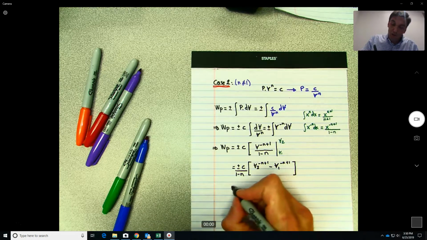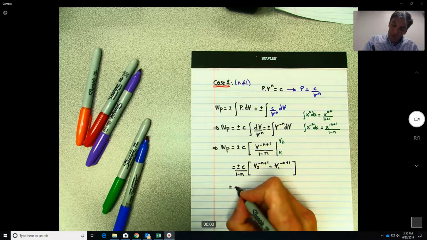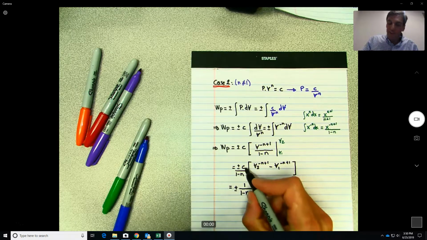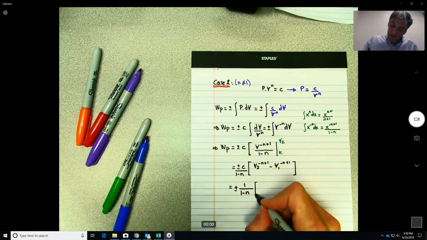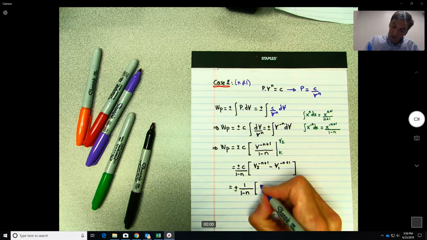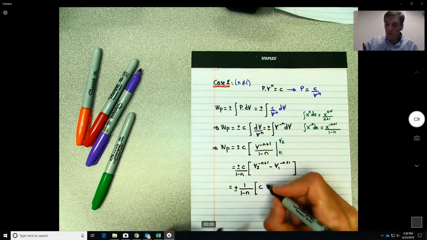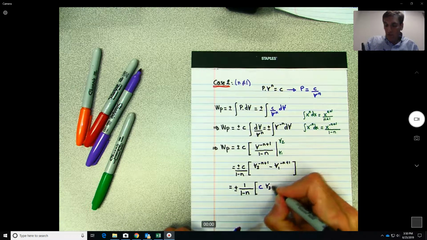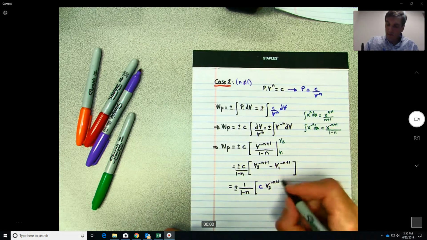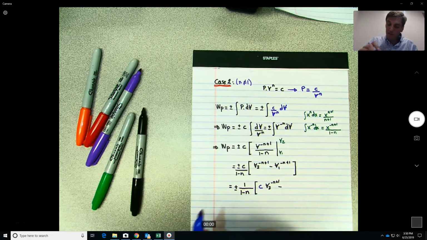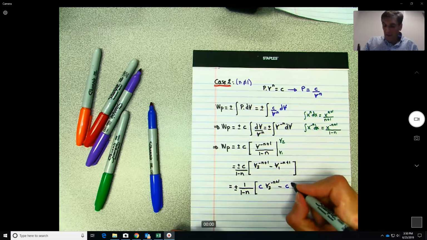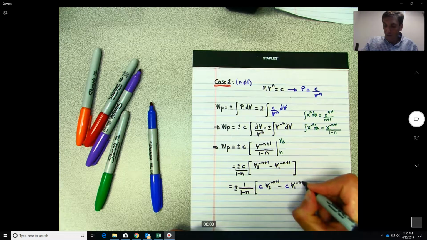Okay, so now the trick for this one is actually to move this C into each one of these terms. So basically this is the C, you put it over here: C V2^(-n+1) minus C V1^(-n+1).